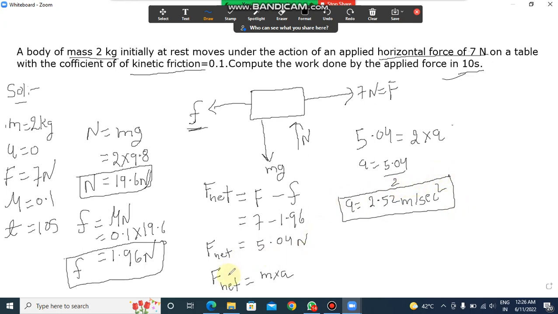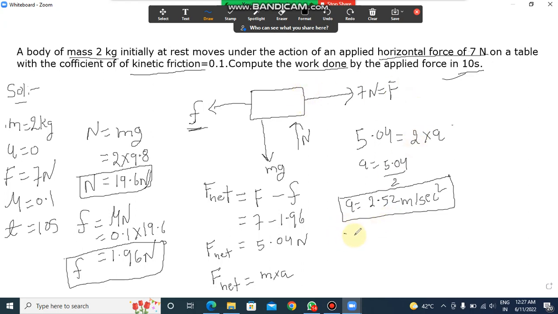Now we have all the things. Now we will calculate the distance. Why do we have to calculate the distance? Because we have to find the work done. We know the work done formula is force into displacement. So we have to find the displacement. Sorry, not distance, displacement.